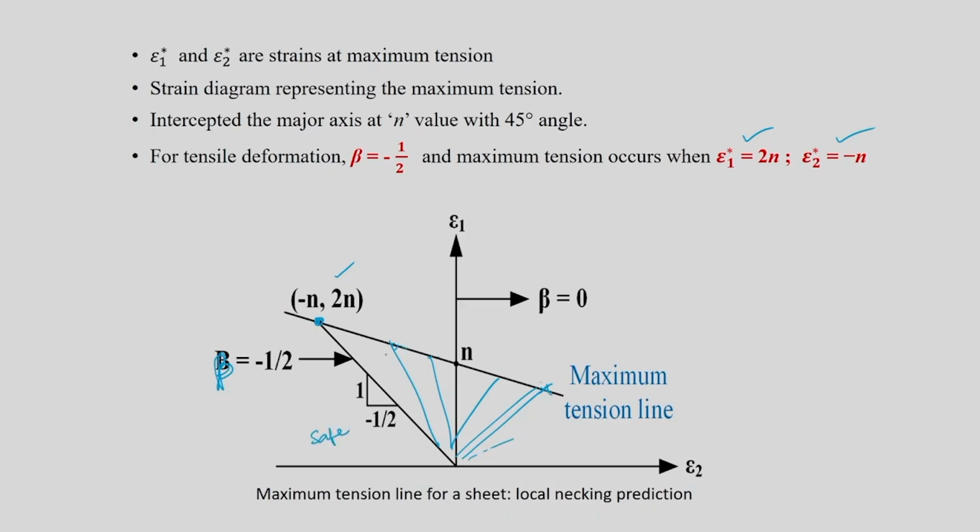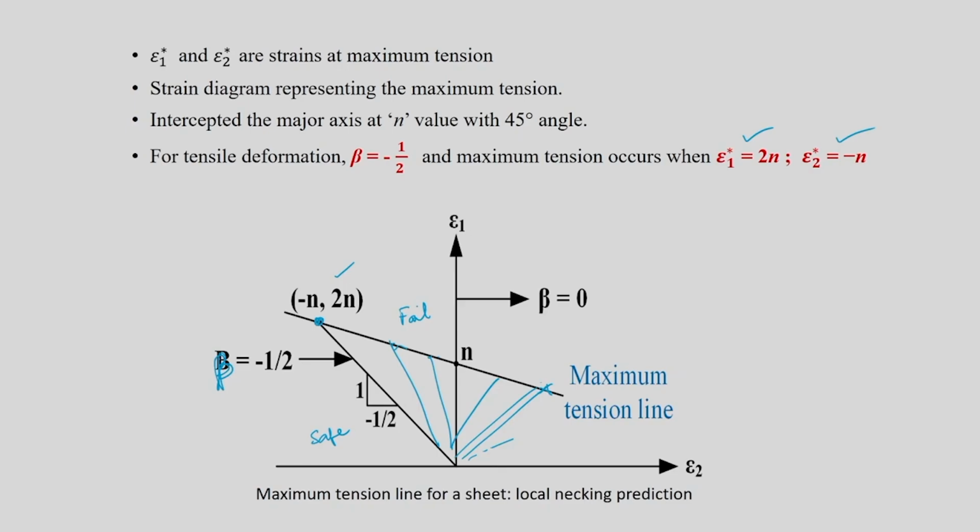Once you cross this line, maximum tension is reached, local necking has started, and useful deformation formability is lost. So the material will be unsafe above the line. I am writing failed region above the line. This maximum tension line separates safe strains from failed strains. Below the line you have the useful forming window.